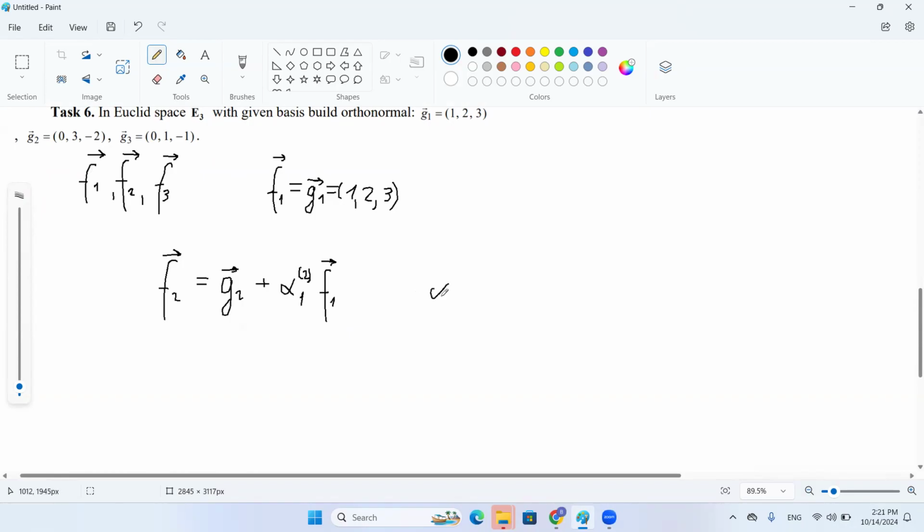And basically how to find alpha 1, 2. So it is minus scalar product of f1, which we already know, and g2, divided by the scalar product of f1 by itself.